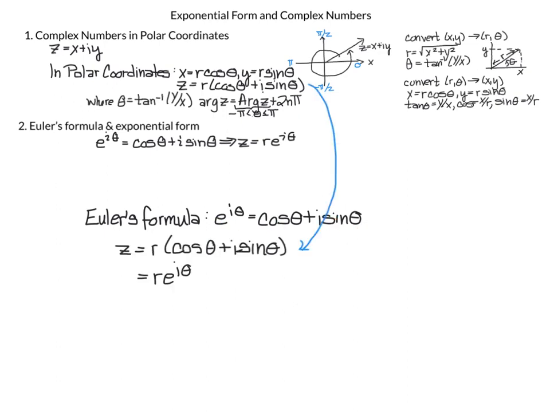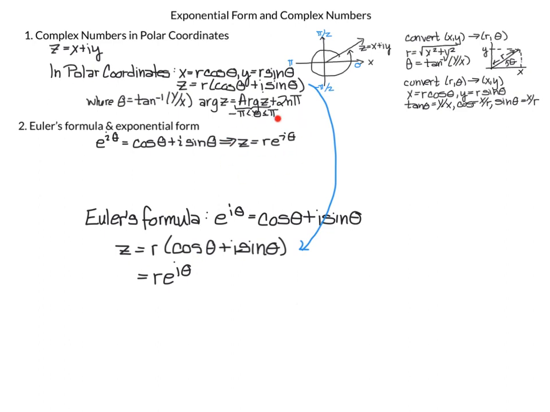The next thing I'm going to do is look at our polar coordinates where we wrote z is equal to r cosine theta plus i sine theta. So I move this over here. Z is equal to r cosine theta plus i sine theta. Now here I have exactly the left-hand side of Euler's formula. So I can substitute e to the i theta for that. So now I have z is equal to r e to the i theta, which is exactly this formula here.